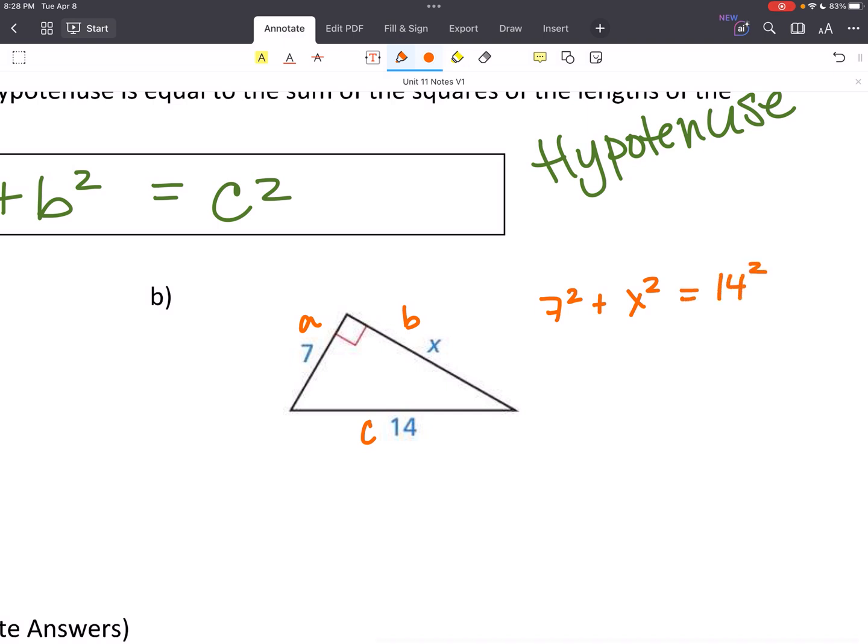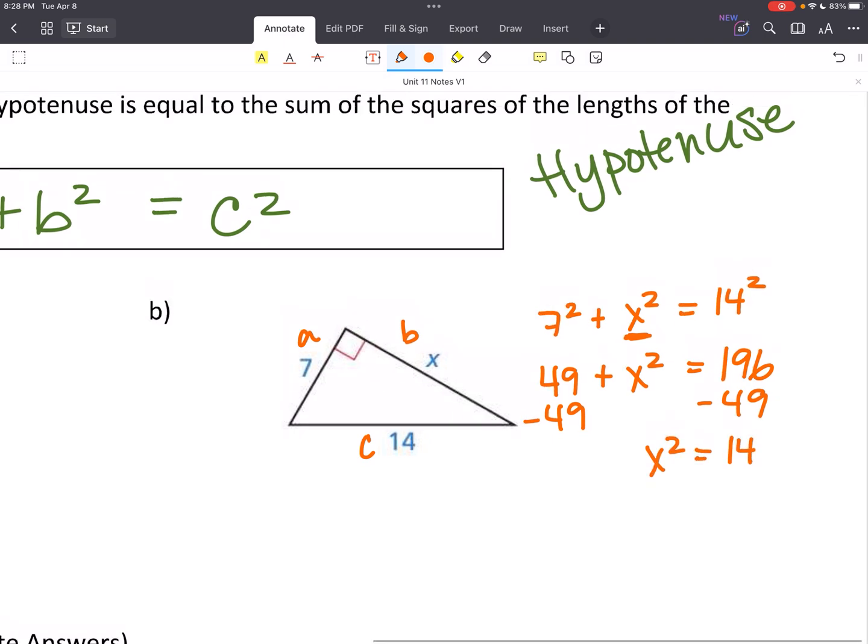This is why it's important to know which one is C, because now we're going to solve for this right here. So 49 plus x squared equals 196. And then we're going to subtract 49 from both sides. And x squared will equal 147.